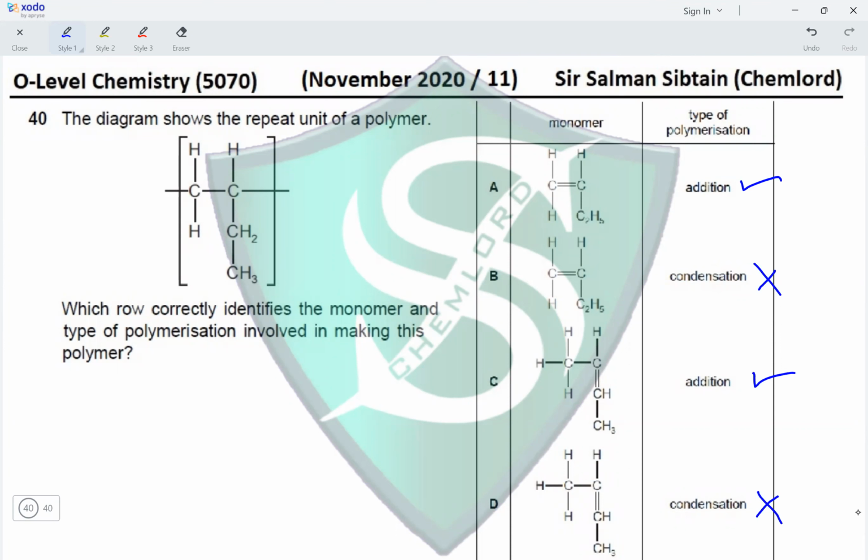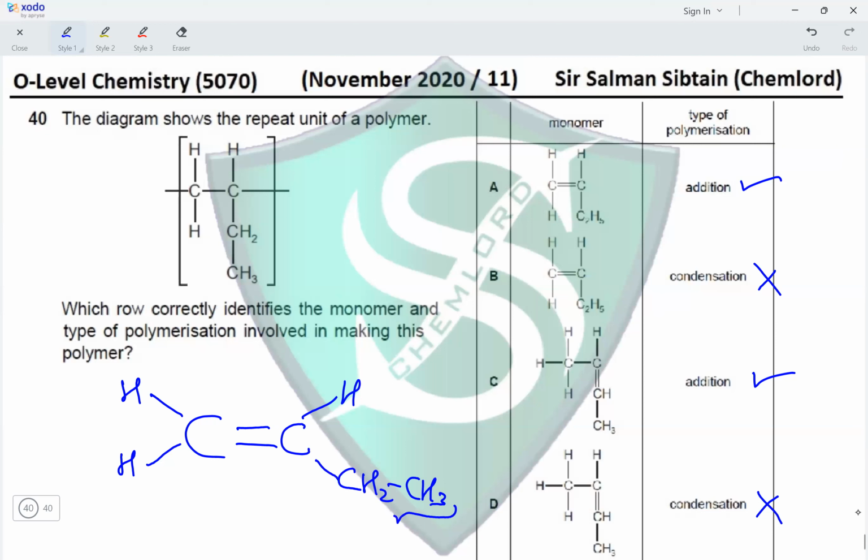And they're asking us for the monomer. Since we've got two carbon atoms present, they would have a double bond between them. The carbon on the left would have two covalently bonded hydrogen atoms, and the one on the right would have one covalently bonded hydrogen atom and another covalently bonded group, CH2CH3. So this is the monomer for this repeat unit of a polymer shown, and A actually has this same unit.